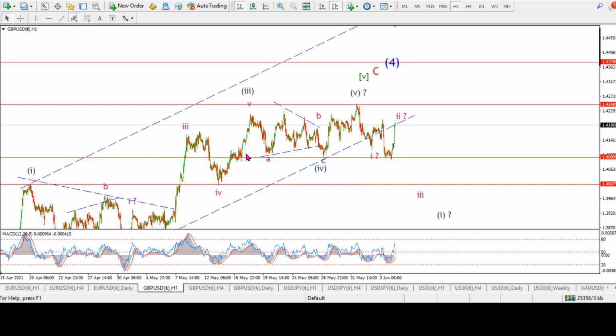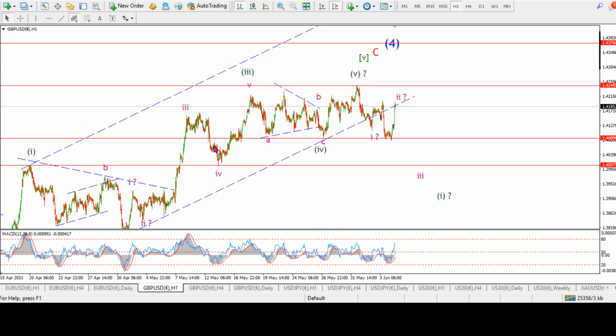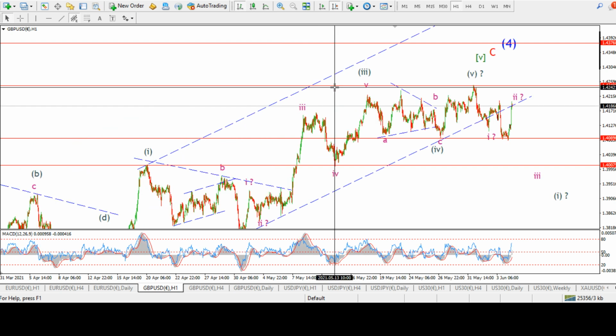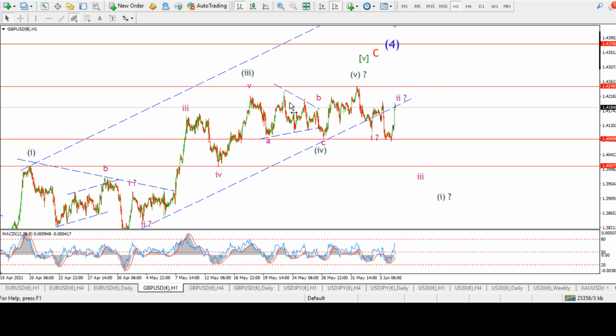So you can see that we had wave 1 and 2 complete, and then 5 waves up in wave 3, possible combination wave 4, and then we pipped out to a new high above the wave 3 high, so that 142.20, and then we went like 20 pips above the wave 3 high. So technically we could have a top in place for wave 5.